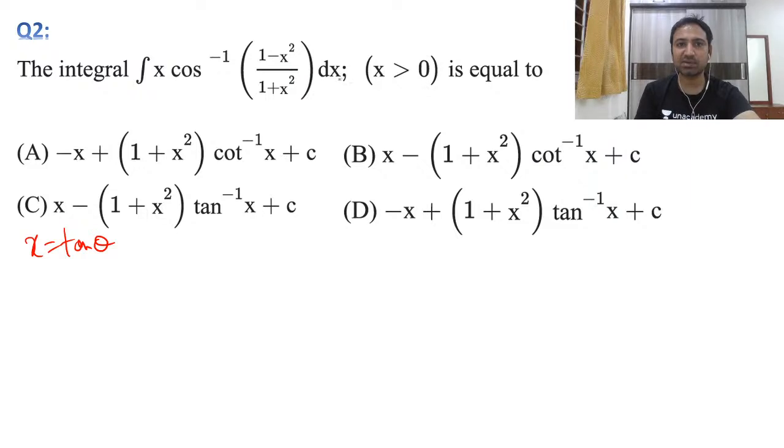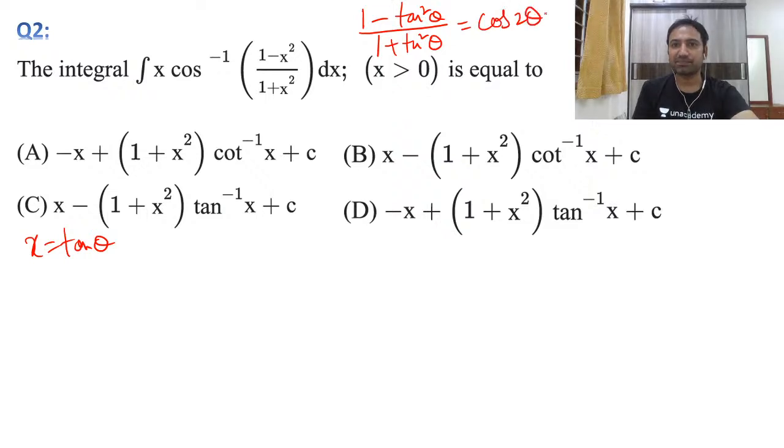Because 1 minus tan square theta by 1 plus tan square theta is nothing but cos 2 theta. If you know this formula, then you directly get the answer, guys. So in place of this, I can substitute cos 2 theta.